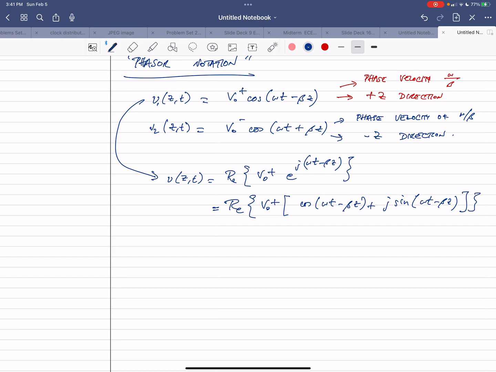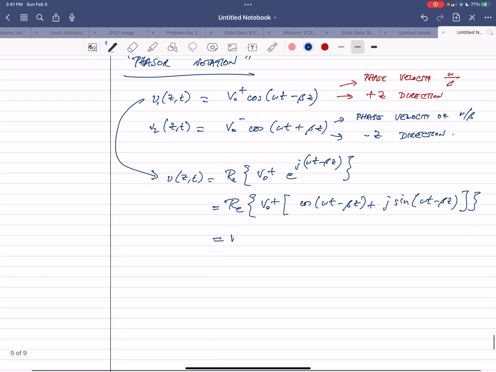And so the real part of this is just equal to V0 plus cosine of omega t minus beta z.